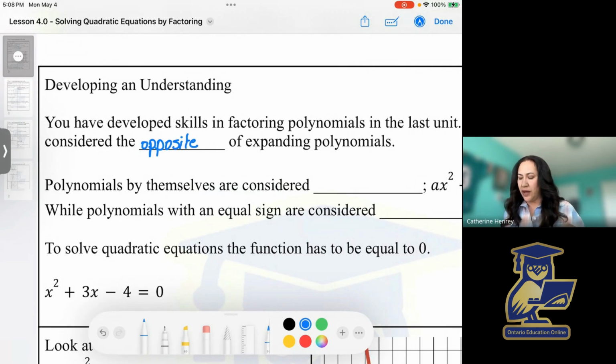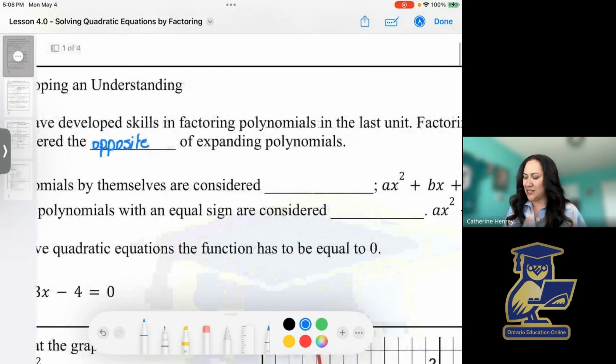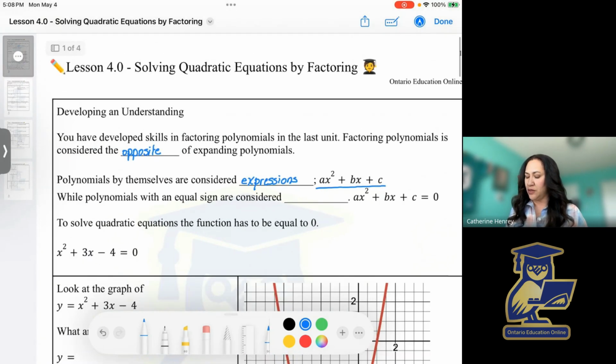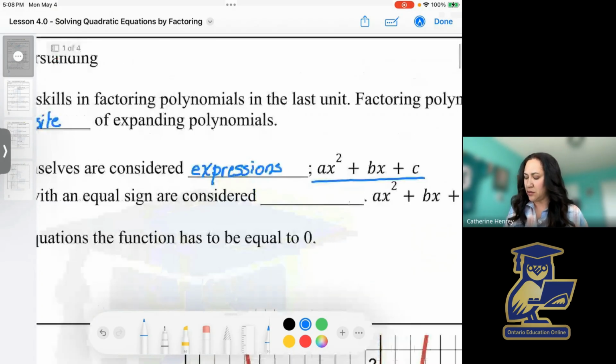And polynomials by themselves are considered expressions. When they look something like ax squared plus bx plus c, that happens to be standard form. But obviously, while polynomials with an equal sign, they become equations.